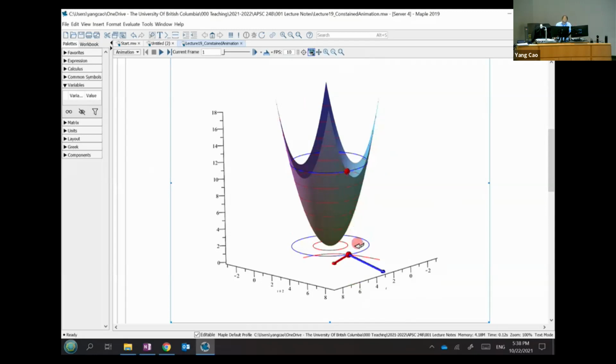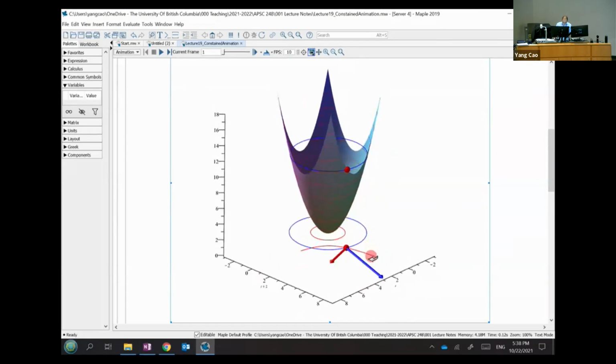And the red curve here is xy equal to 3. I only plotted one; of course there's the other one mirrored on the other side.